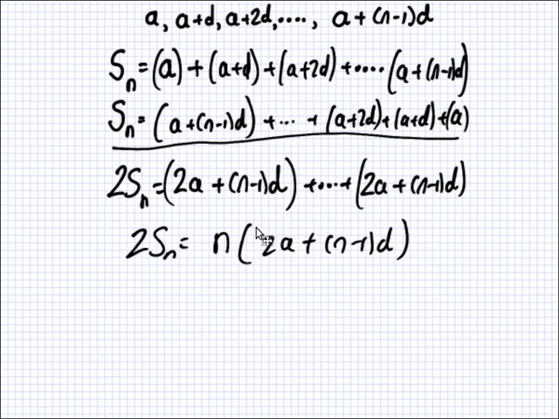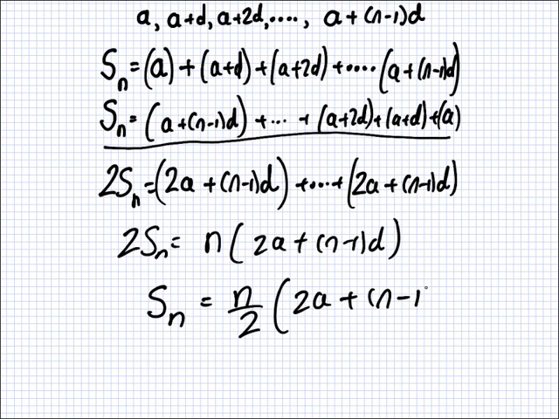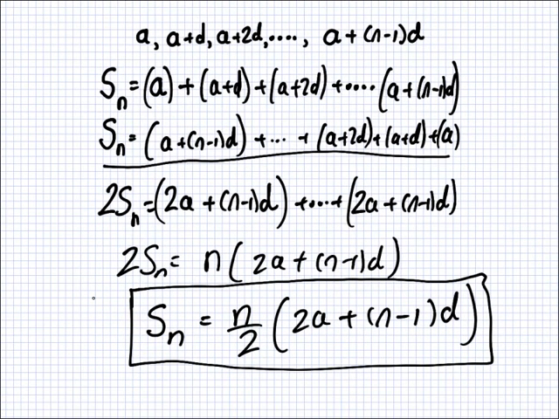Is it starting to take shape now, isn't it? Yeah. So you get Sn equals n over 2, 2a plus n minus 1d. And that is the formula, which it sounds like some of you recognize. Yep. Okay, we can write this down.